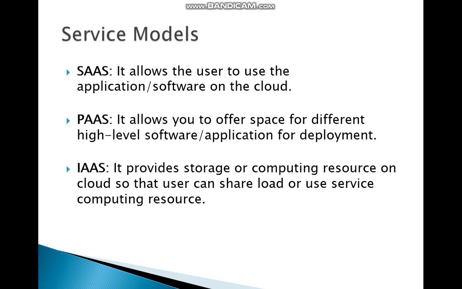You can deploy your application on a PaaS-based service. Okay, the last is IaaS. IaaS stands for infrastructure as a service. It provides storage and computing resources on cloud so that users can share load or use services or computing resources.